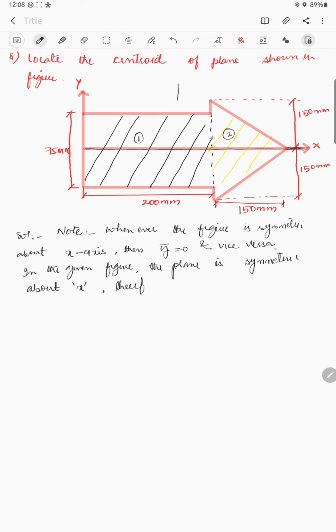Therefore, y bar will be equal to 0. Now what we do here is, first we calculate the area.